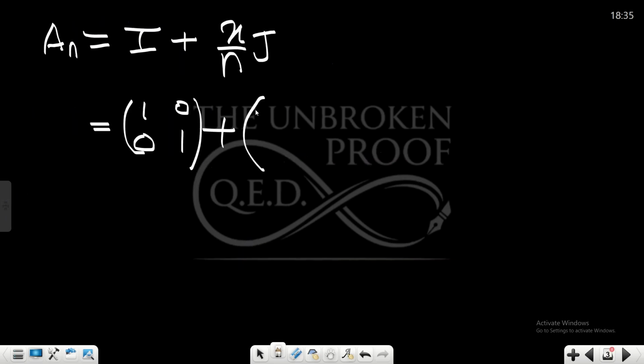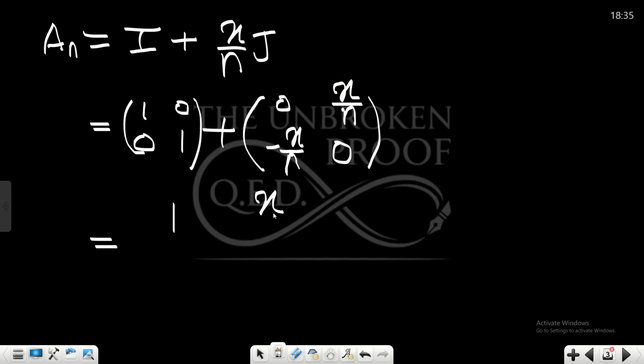So you'll have 0, and this is a constant, so you'll have x by n, and here you'll have minus x by n, and here you'll have 0. This sum is going to give you 1, x by n, minus x by n, and 1. So this is basically your A subscript n.